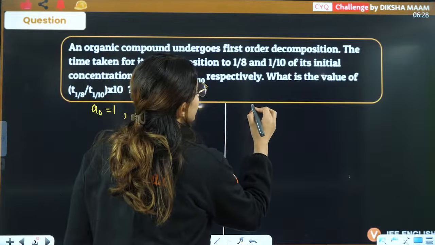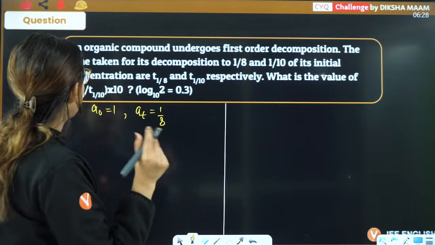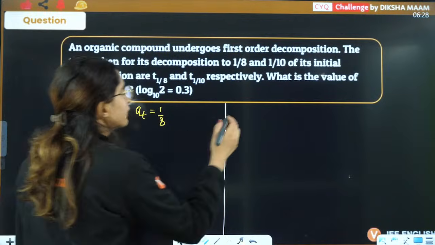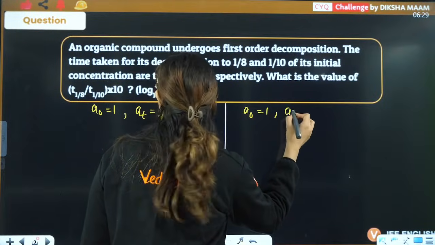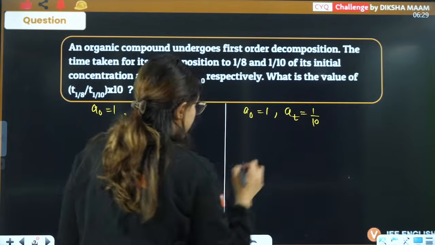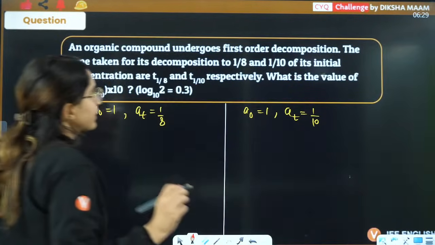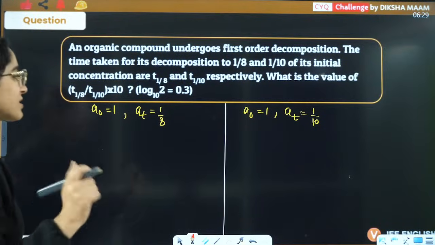Right? Here you will take for time, initial concentration is this respectively. So A naught is equal to 1, and A t is equal to 1 by 10. And this is a first order reaction. They are asking you what is the value of this. Now, what is the formula?